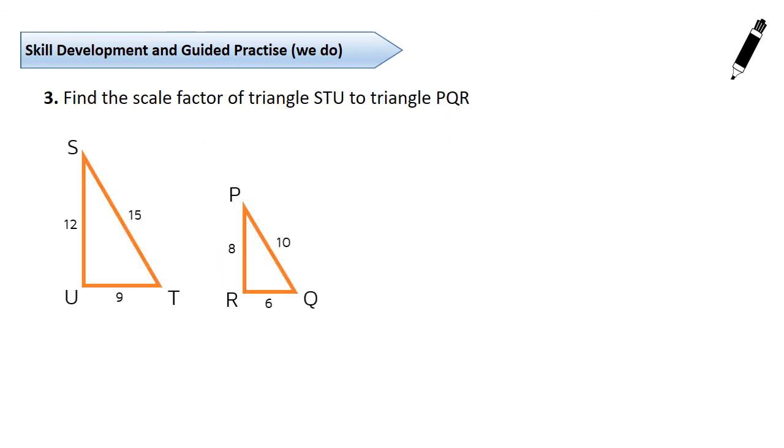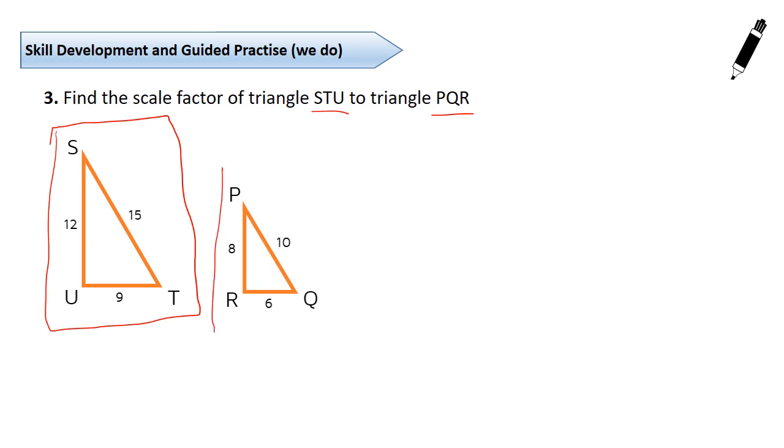Okay, this one here, so we're going from STU to triangle PQR. So what number have we multiplied the side lengths of triangle STU by to create triangle PQR? Now this one, guys, you might not be able to rely on your number facts as well.